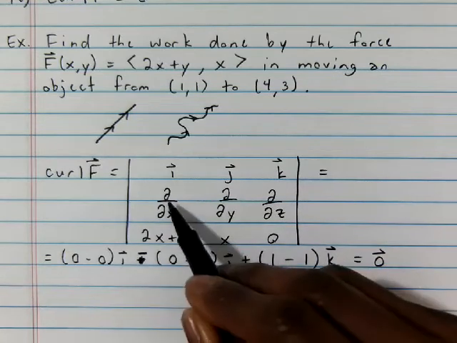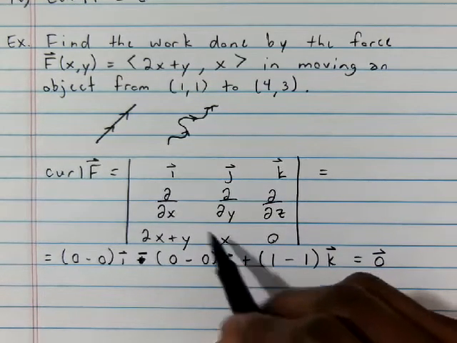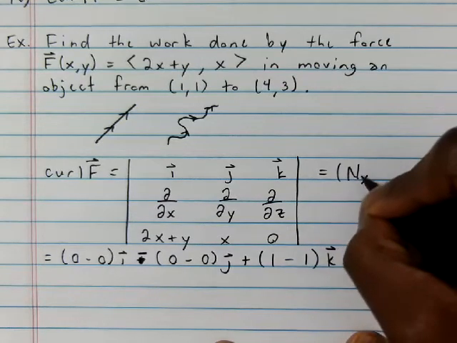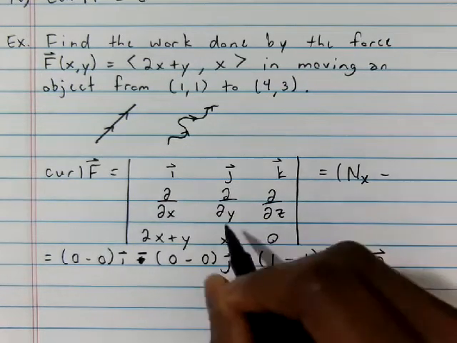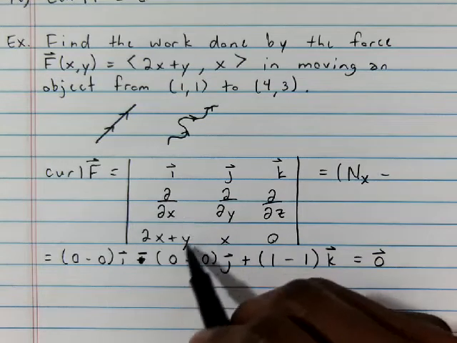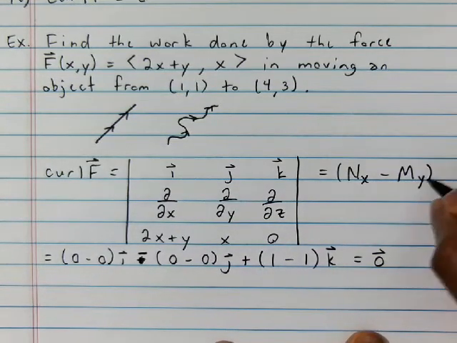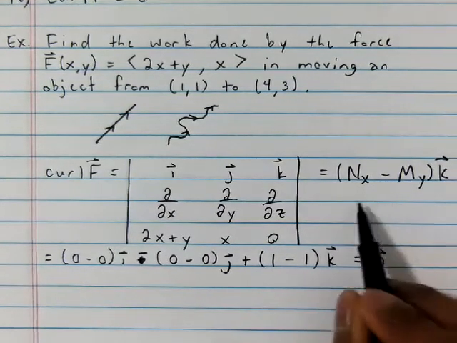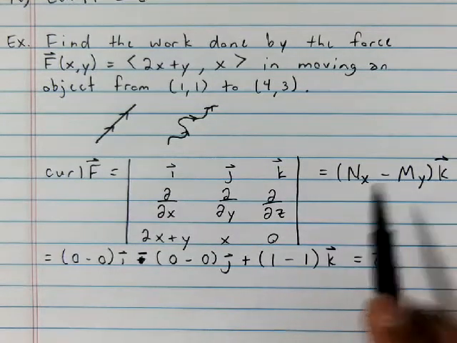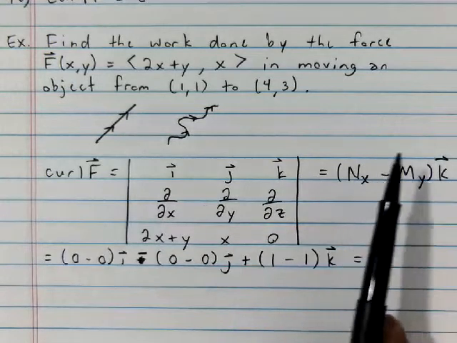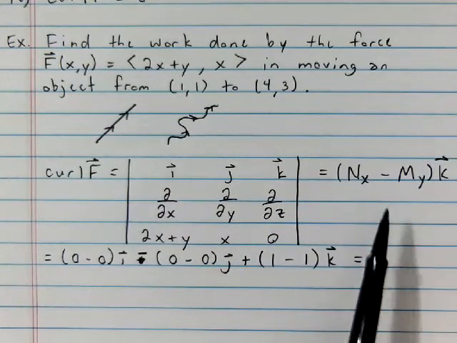So we get the partial of N with respect to x minus the partial of M with respect to y, times k. That's what you're going to get every single time when you're doing a vector field in 2 dimensions. And this is actually going to be very important to us in the next section.